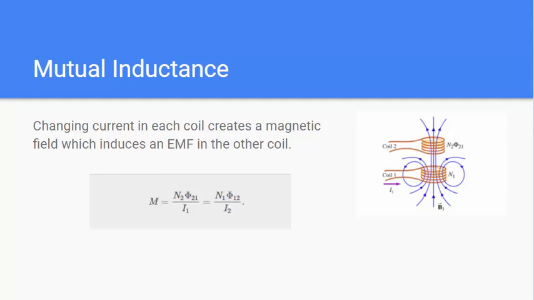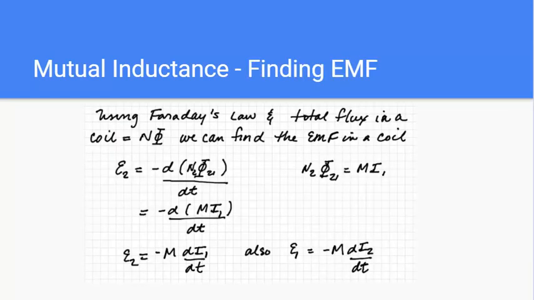And so if we look at phi12, that is going to be the flux in coil 1 due to coil 2. If you take Faraday's law and you combine that with the idea that the total flux in a coil is the number of turns times the flux through one coil, you can find the EMF in that coil.